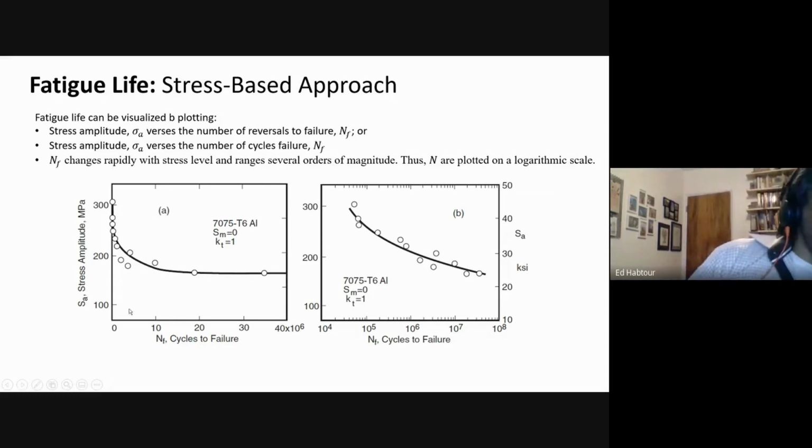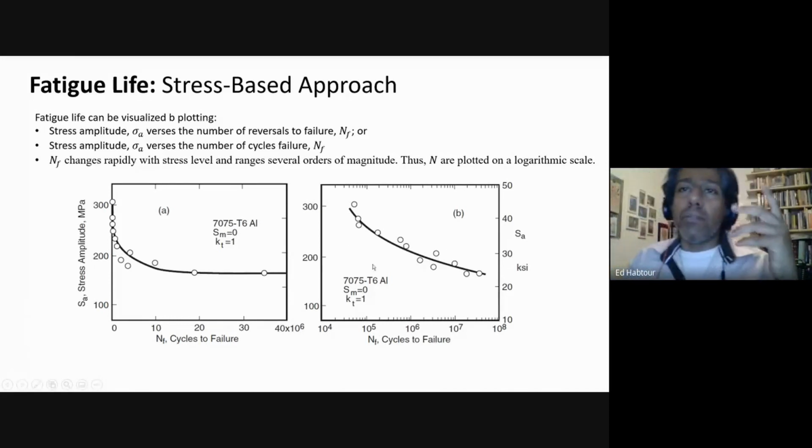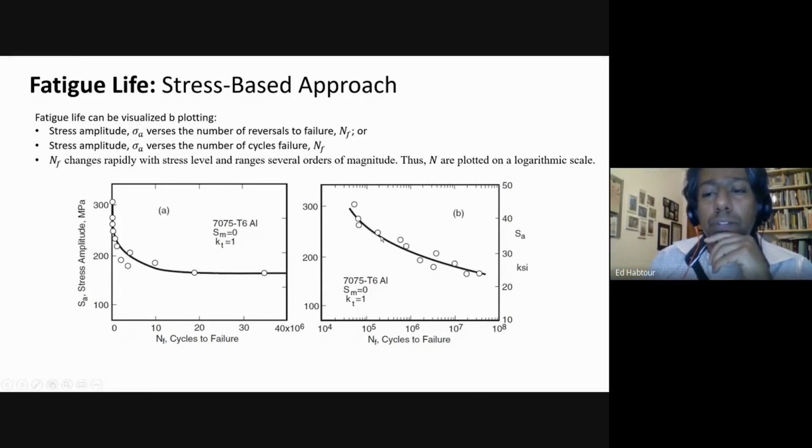The issue is, if you plot them on a conventional scale here, it's really difficult to read these numbers. That's why we need the log scale for the number of cycles. If we do the log scale, it will stretch out, and it makes it really easier to read those stresses.